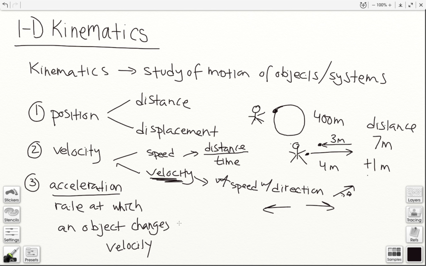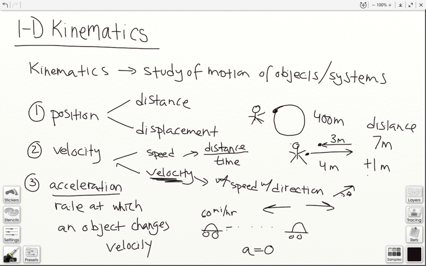Let's say we had a car traveling at a steady 60 miles per hour. And this speed is constant. That means that this car has an acceleration of 0.